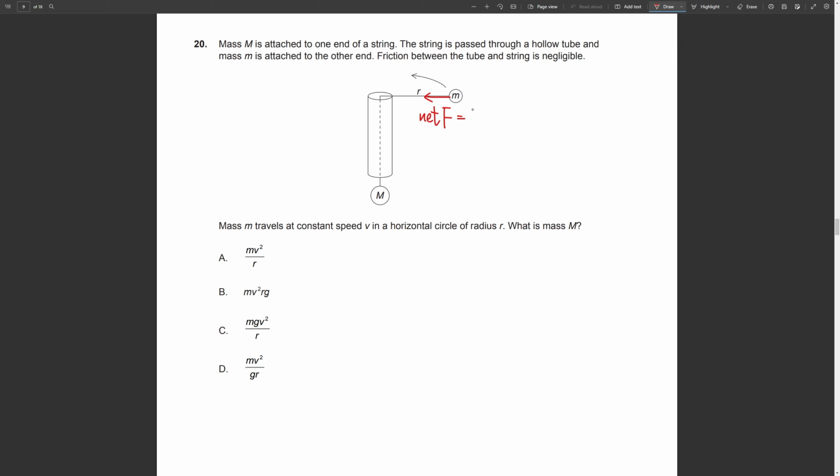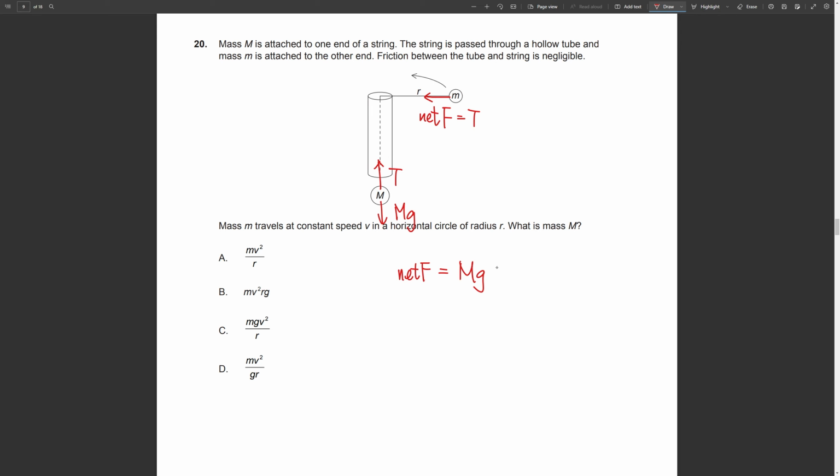This is exactly the same as the tension along the string, and the tension of the string supports the big M, preventing it from falling downwards. The downward force is big Mg and the upward force is tension. Therefore, we can merge these two pieces of information together, noting that the net force on the small m is actually the weight of the big M.